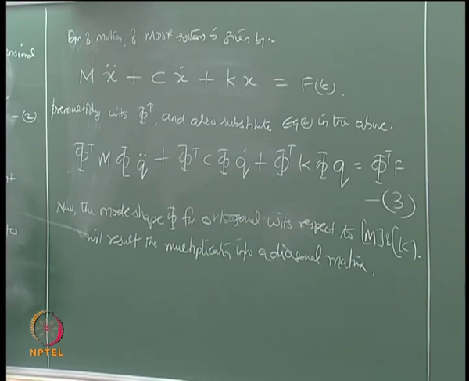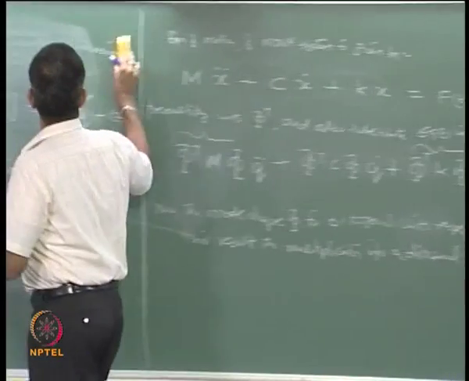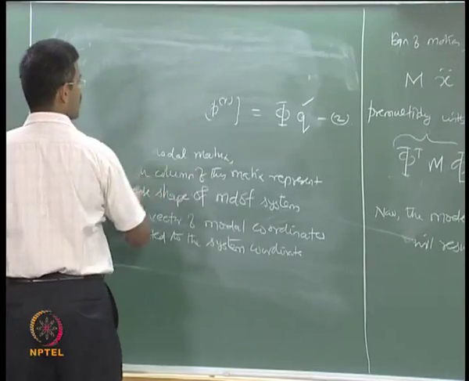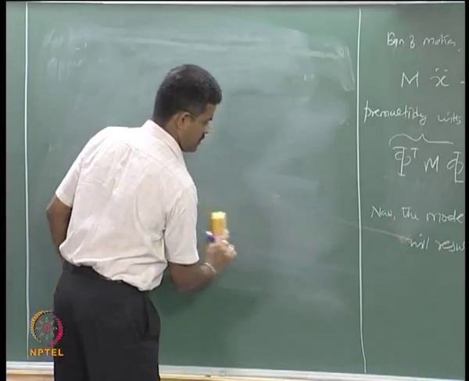This multiplication will become diagonal. Let us write each one of them for an rth mode separately and see what happens.